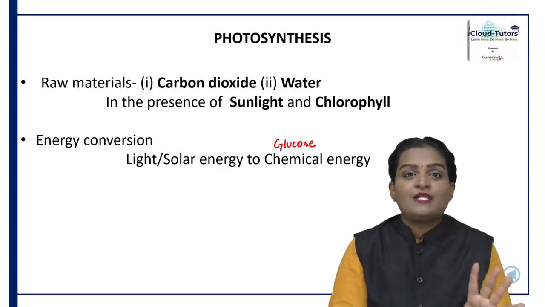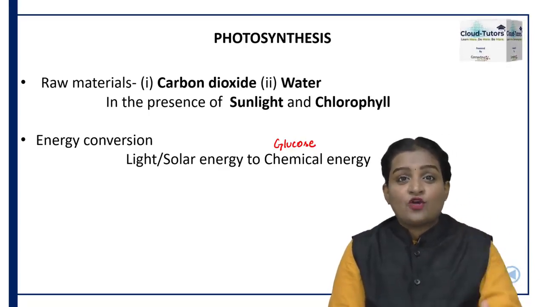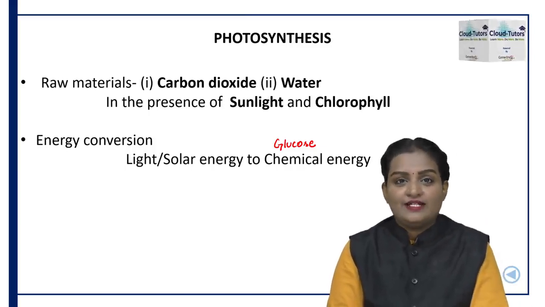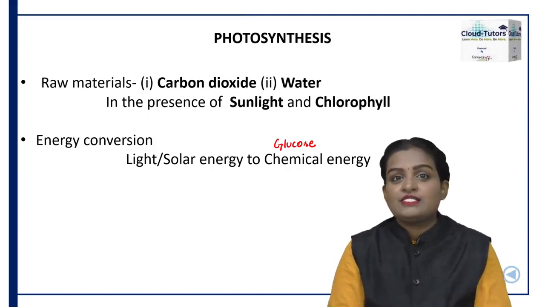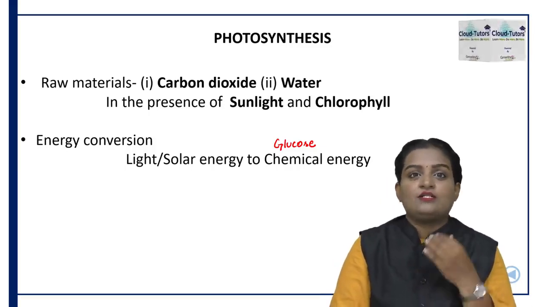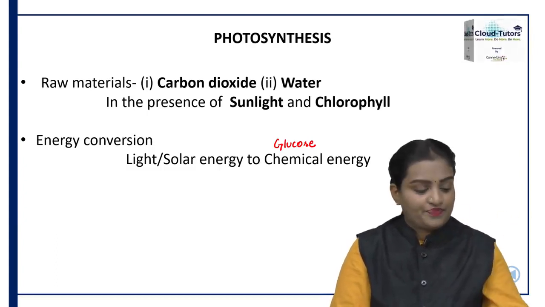So throughout the planet Earth, plants are the only ones or majority group which can actually convert light energy to chemical energy. So animals, none of the animals can convert light energy to chemical. We can only convert one chemical energy form into another form.